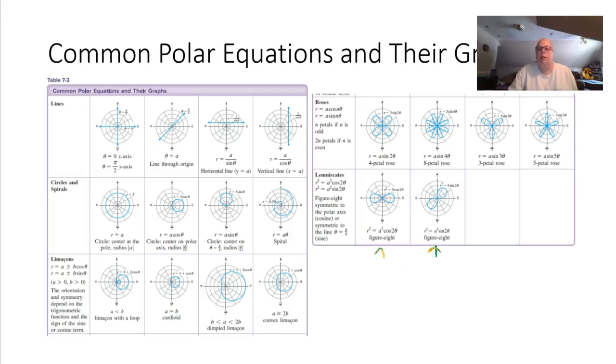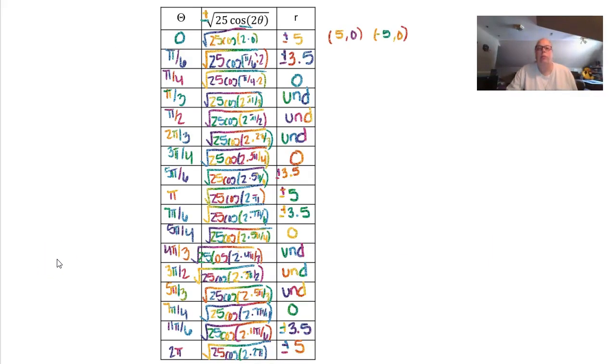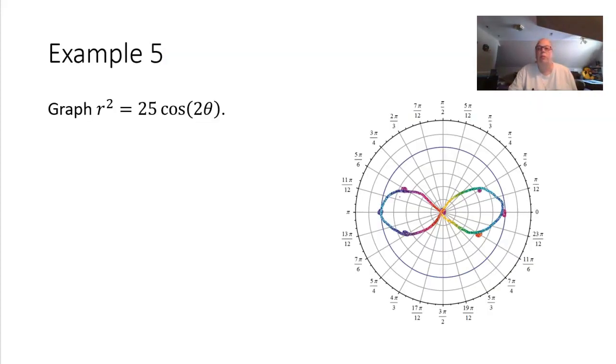In fact, we got 2 of them, the figure 8s right there. And actually, after I got to this point right here, all the rest of this was just repeated dots on my picture over there. So once I realized that, I just stopped plotting the points and just connected my dots into my figure 8.